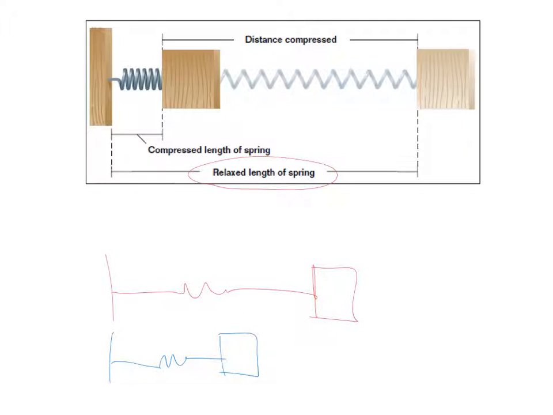So this is called the free length, or as you see here, the relaxed length. And then the other one would be the stretched or compressed length. But what matters is that from here to here is the stretched or compressed length from end to end. I could also do where? Instead of end to end, where could I measure from?